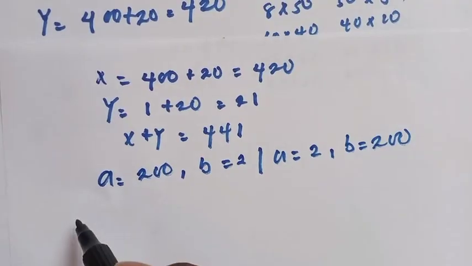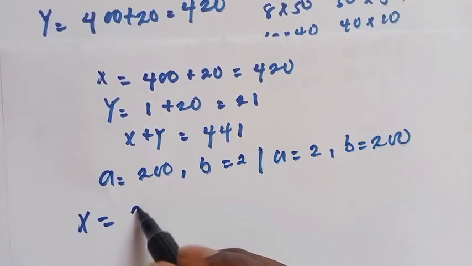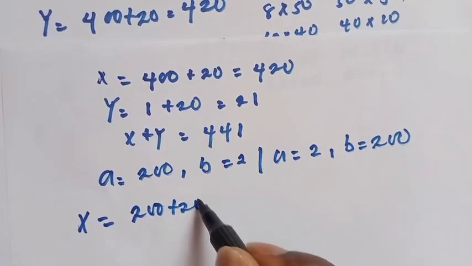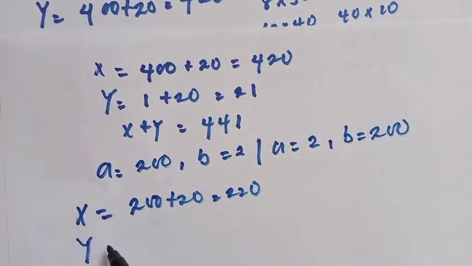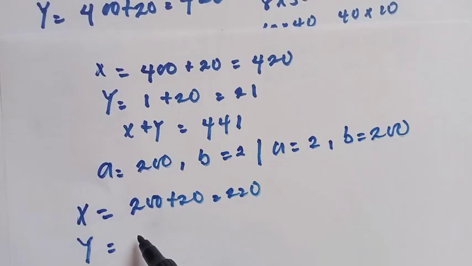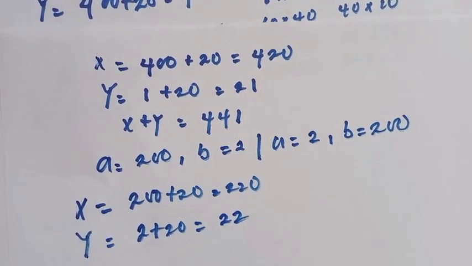Now we have that x will be equal to A plus 20, which is 220, and then y is B plus 20, which is 2 plus 20, which is 22. From here, x plus y is equal to 220 plus 22, which is 242.